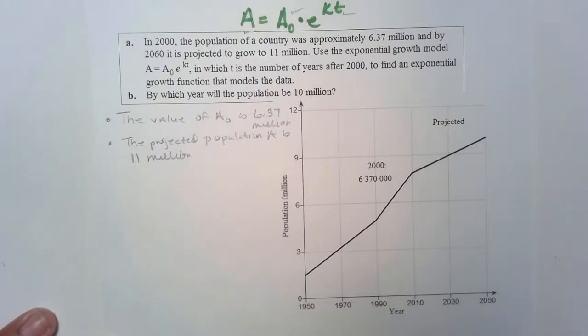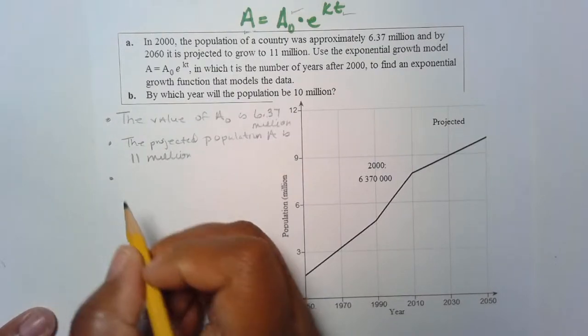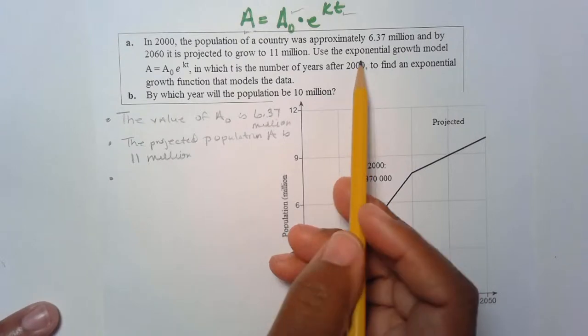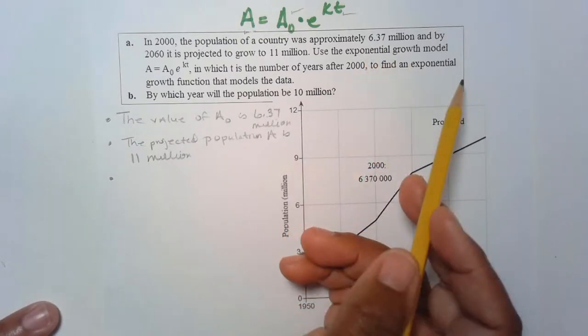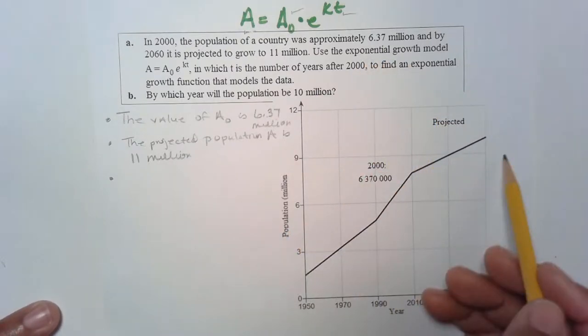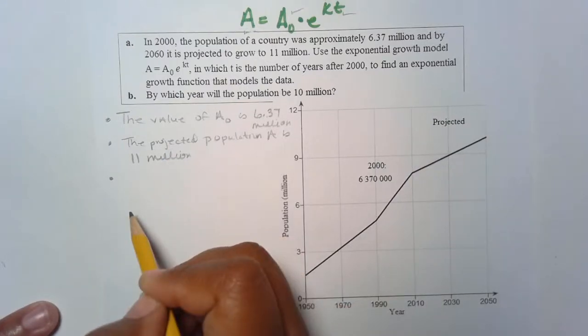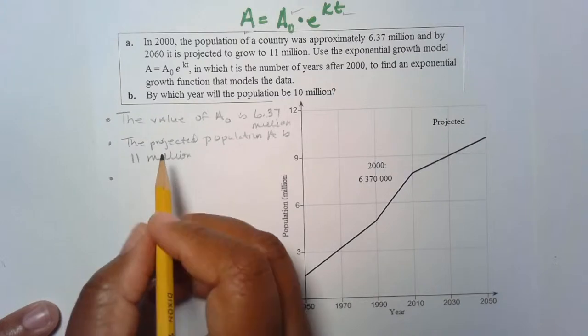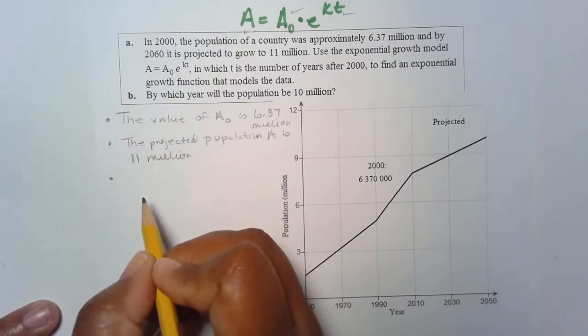What will it look like? So we need to find k, because it didn't tell us what k was. It didn't say what decimal it grew by, but we can see by the model it is growing, but we don't know exactly what it is. But we do know that t represents the number of years.